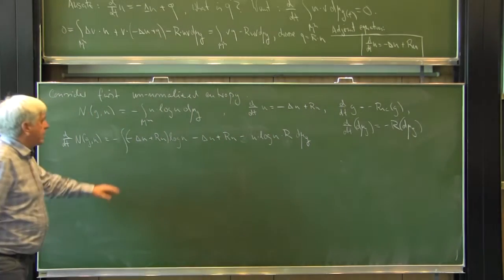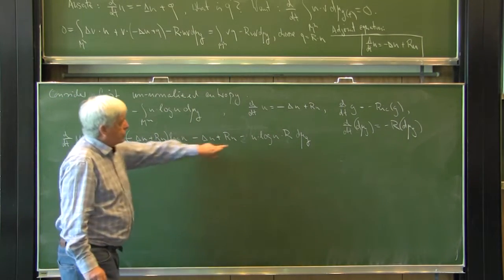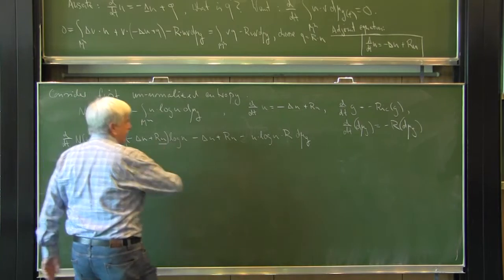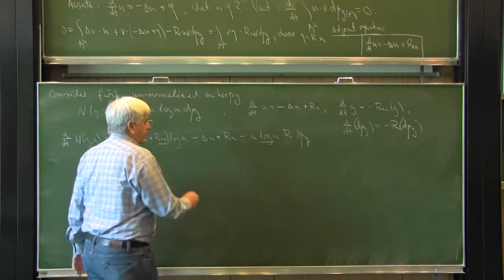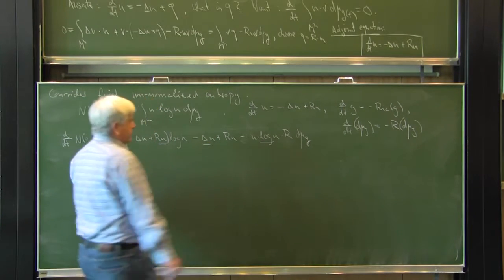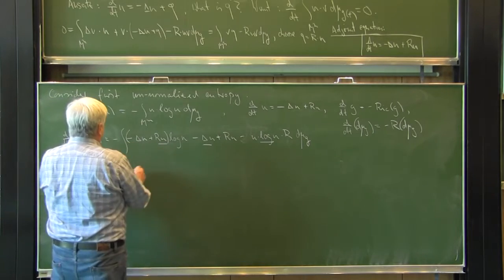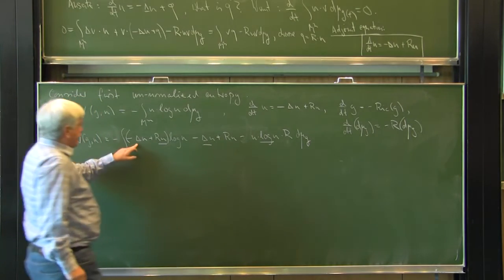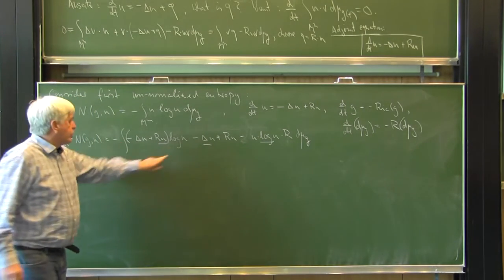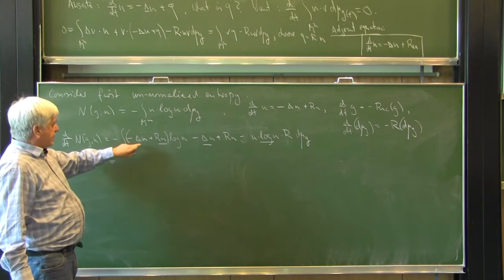Now you see that the Ru log u term here cancels with this one. The Laplacian, because it's a compact manifold or you have sufficient decay, the Laplacian term will go away, and we are only left with the Laplacian of u log u.